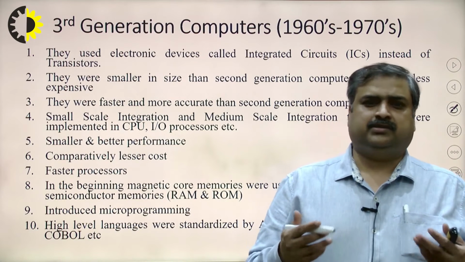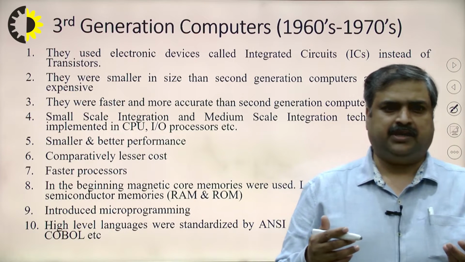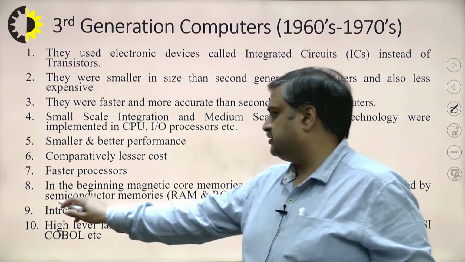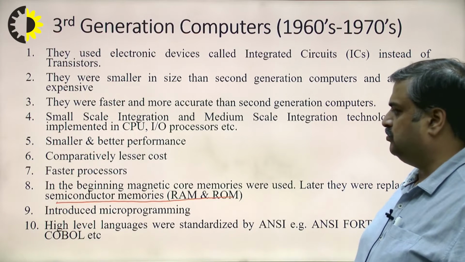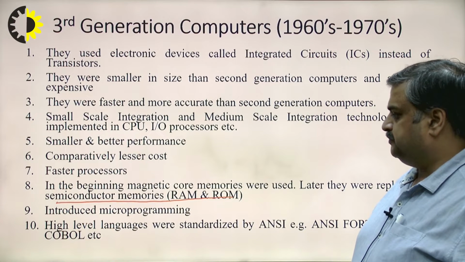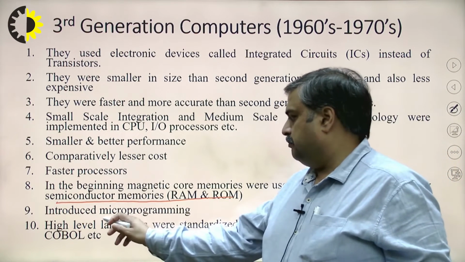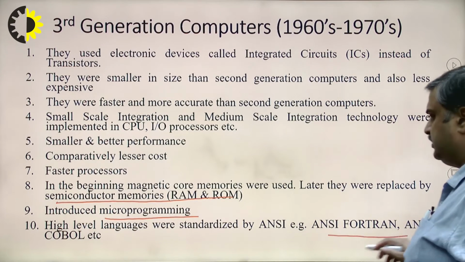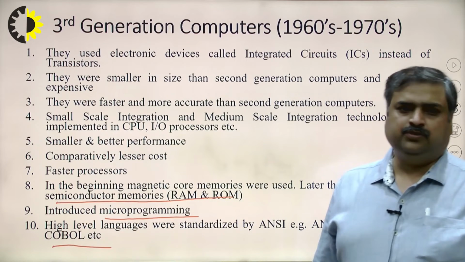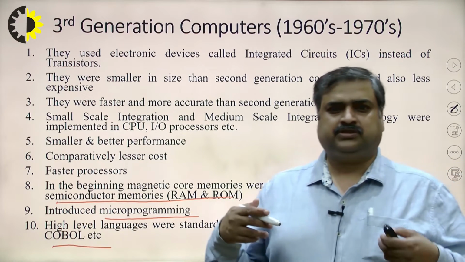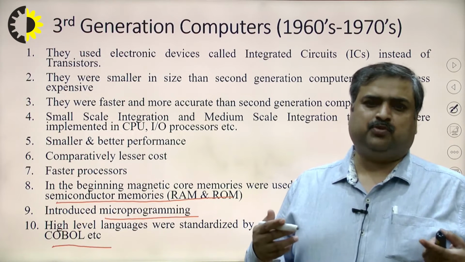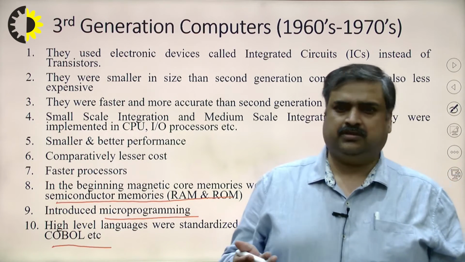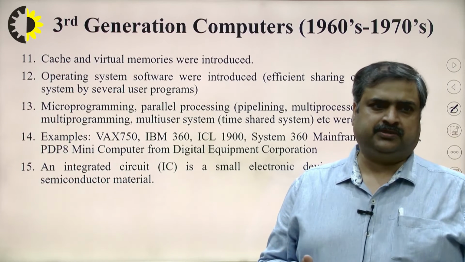In the memory part, some changes also took place: magnetic core memories and semiconductor memories like RAM and ROM began to be used. Microprogramming was also introduced, and high level languages like Fortran, ALGOL, and COBOL were used. This started a new era where programs were written more frequently and with less effort.